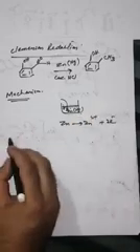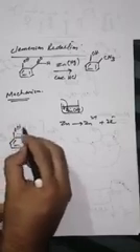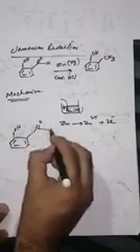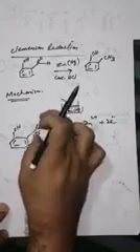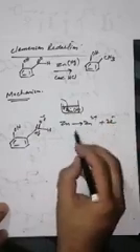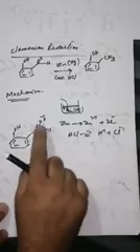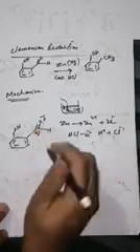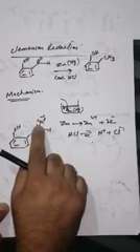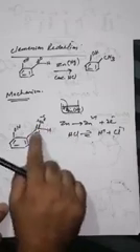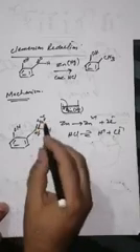Now what happens in the first step? This is a polar functional group, and in the reaction medium we have many hydrogen ions. So in the first step this oxygen gets protonated, and carbon gets positive charge and oxygen gets negative charge.